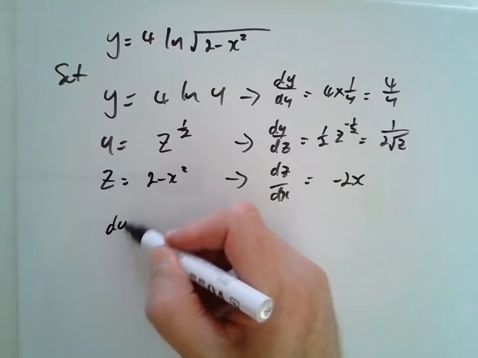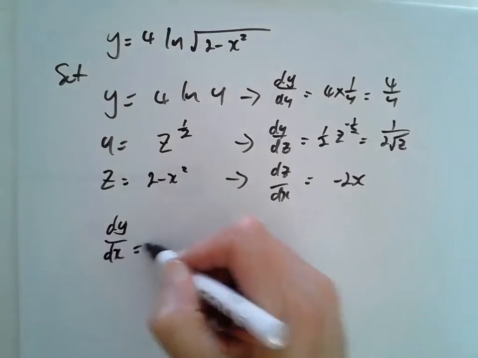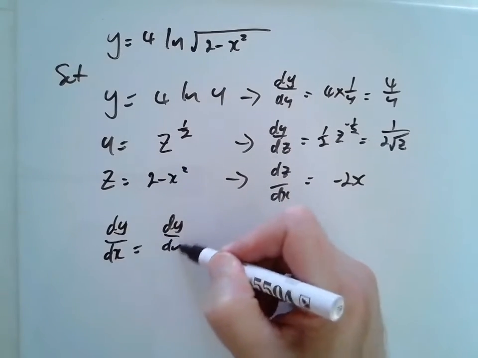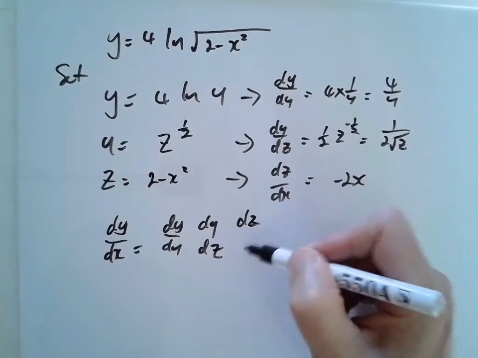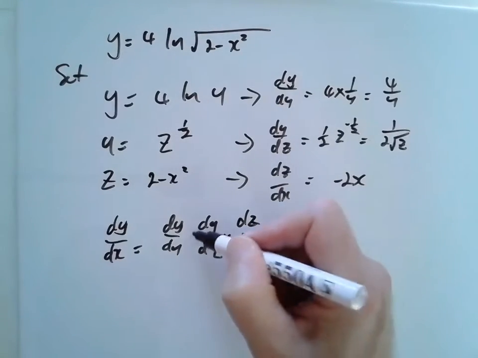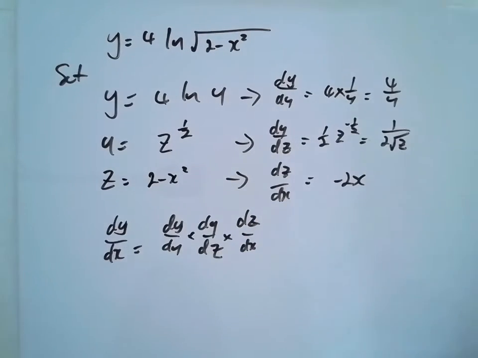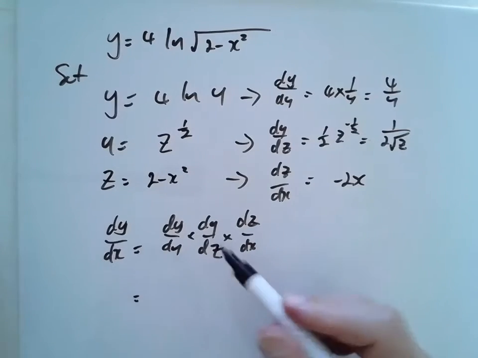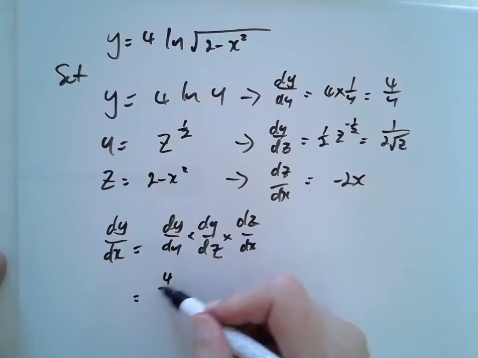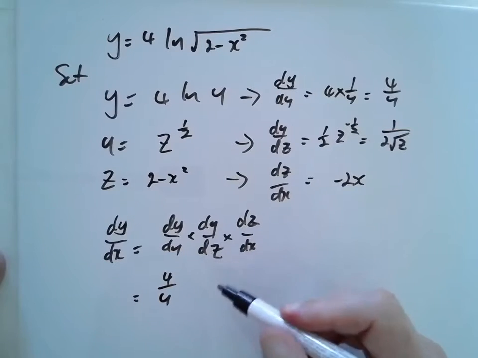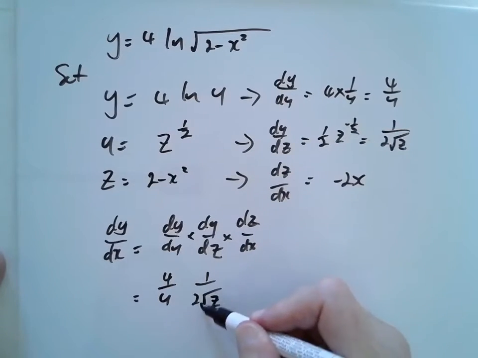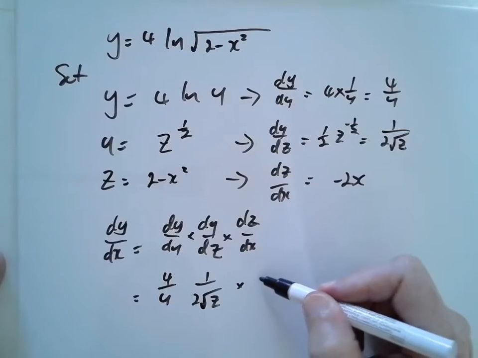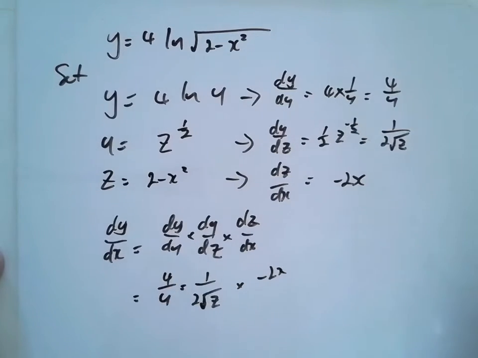So dy dx equals dy du, du dz, dz dx. And I'm running out of room. How good is that? dy du, 4 on u, du dz, 1 on 2 root z, and times minus 2x.